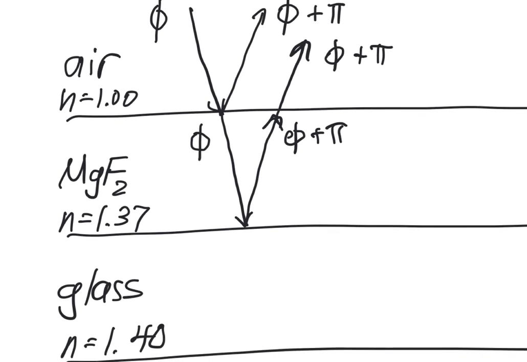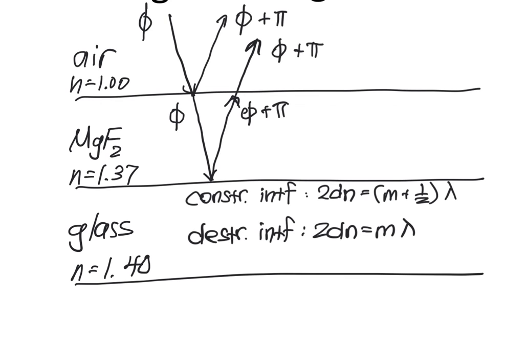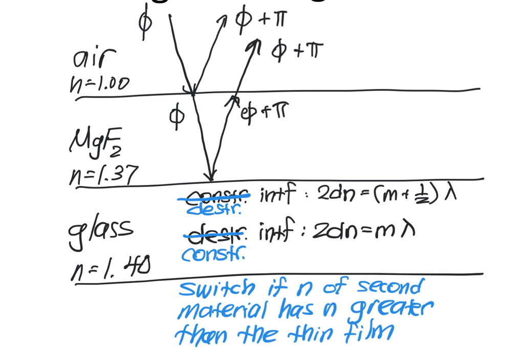Let me write that down. Those are the data booklet equations, but we switch constructive and destructive if the n of the second material, third material if you're counting air as your first material, but if the material the thin film is on has an index greater than the thin film itself.